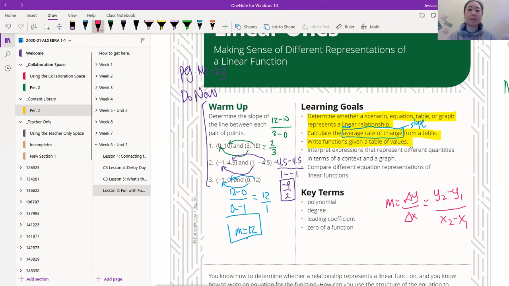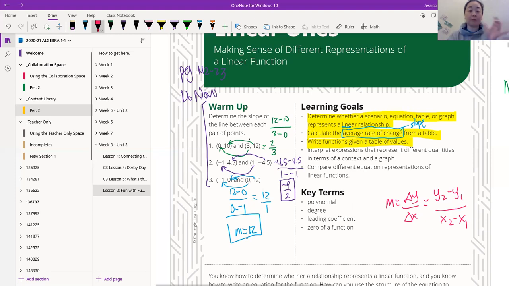If you look right here, I like to start with the 12 minus 10, because 12 is bigger than 10, so I don't have to deal with negative numbers. That's my hack for you. So 12 minus 10 is 2. Technically, I could just do this in my head. And then 3 minus the 0. If I'm going from the right point to the left point, then I need to continue that with the x coordinate as well.